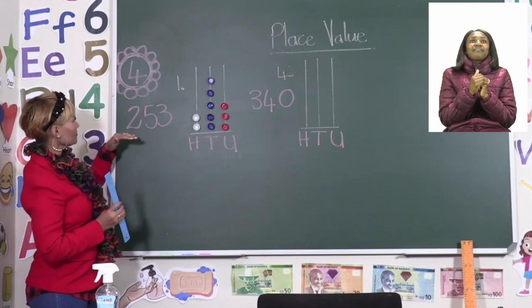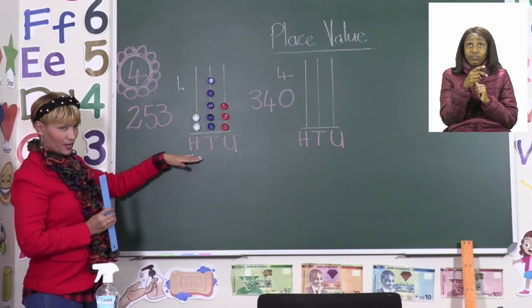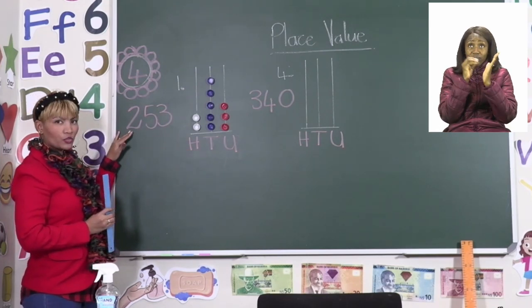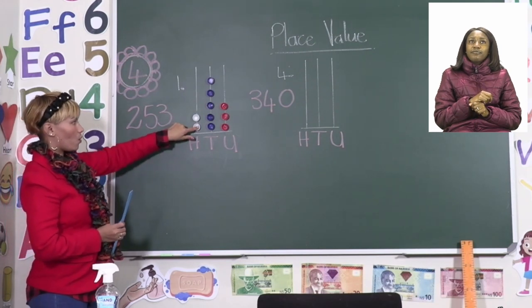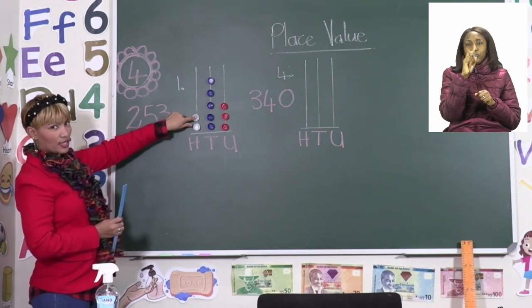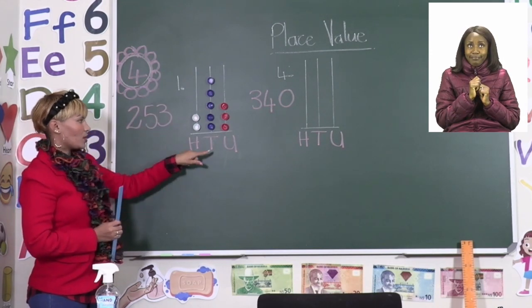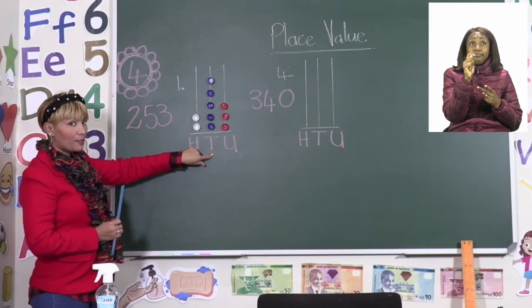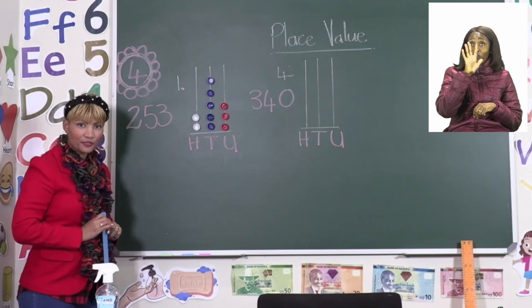Okay, 2 hundredths. Okay, so for my hundredths, I have the number 2. So what you can do is you can draw 2 dots in there in a color that you like. Then we have to fill in our tens. And what number do we have for our tens? We have the number 5.